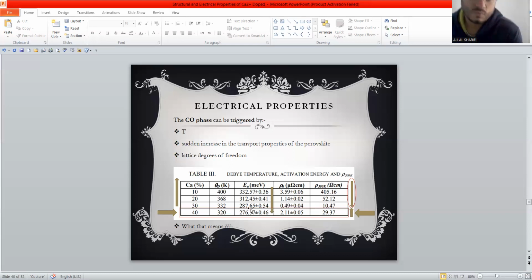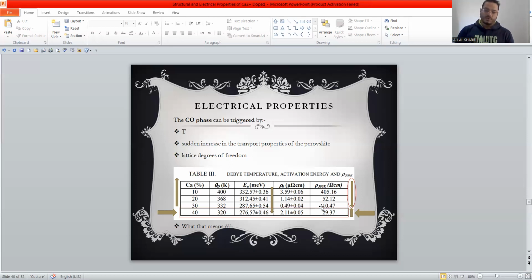That means the largest number will be at 10, and the lowest amount of activation energy at 40, without any jump between these results. But we note the reverse behavior at 40, 100% with the resistivity at room temperature.